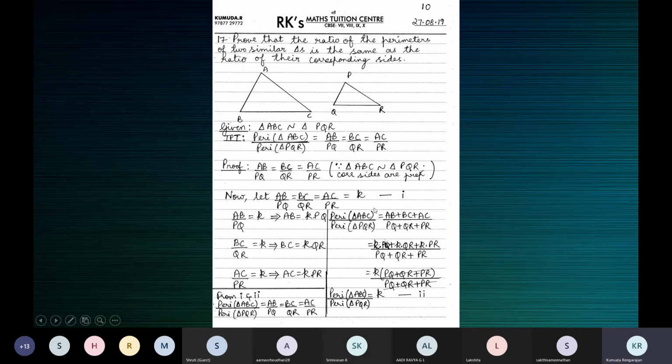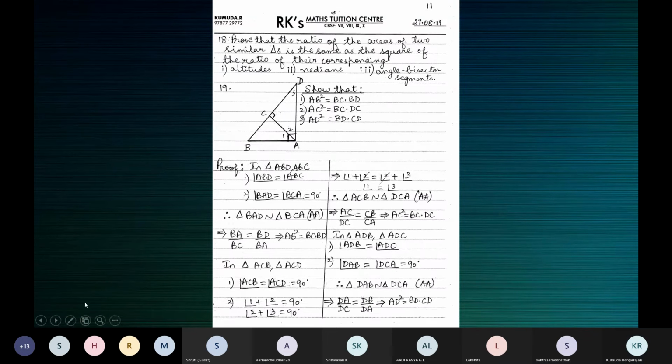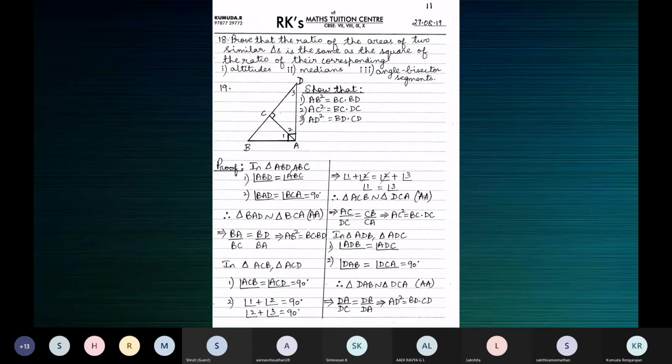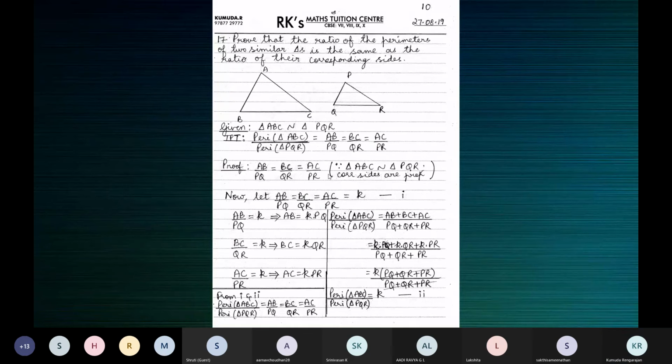Now AB by PQ is equal to K. So AB will be equal to K times PQ. Cross multiply. See here, AB by PQ is equal to K, so AB is equal to K into PQ.